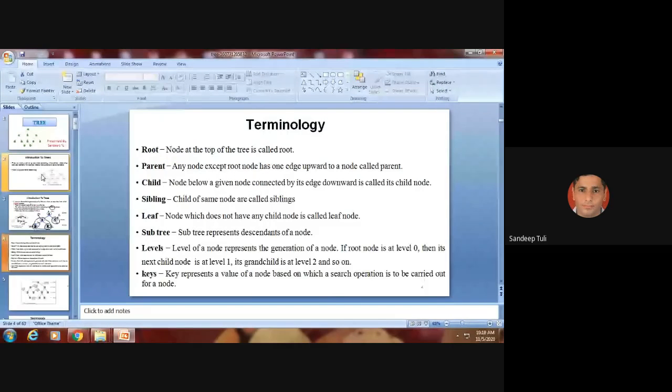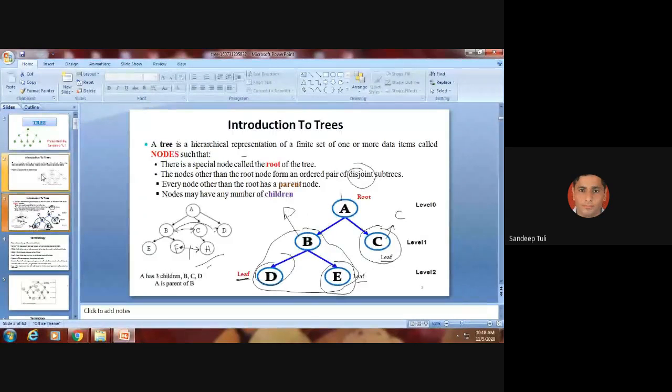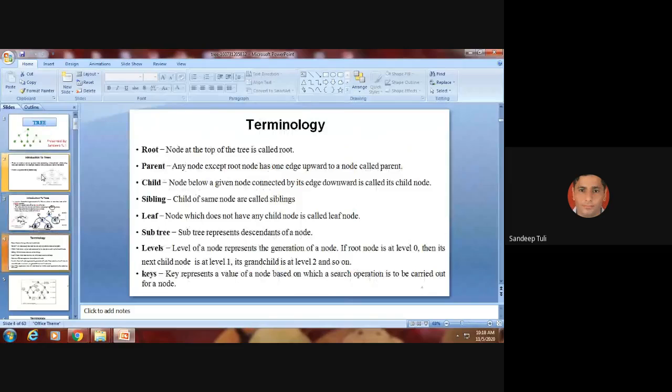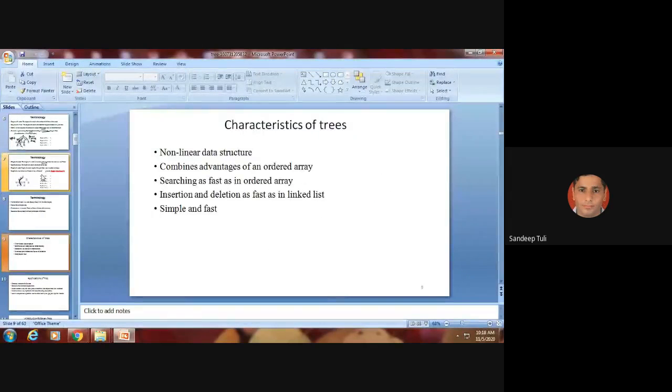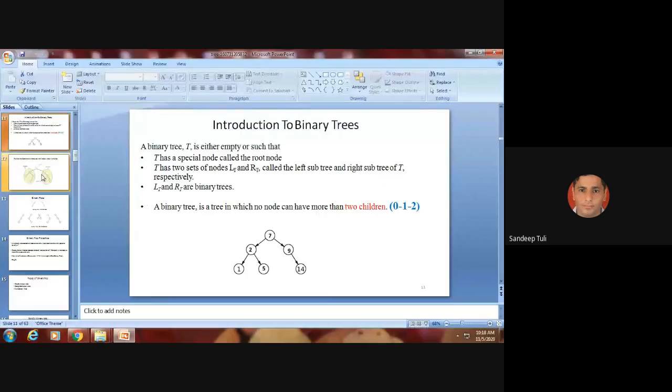We have seen its basic definitions of the terms that we are going to use in this unit, and most probably in the coming unit also. We have learned about the characteristics and applications of tree, and then we initiated the binary tree. I think till that point we have covered.